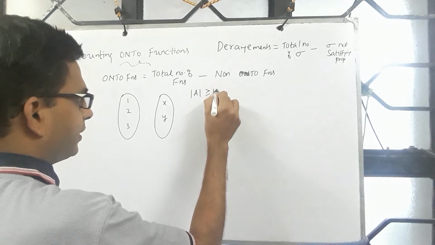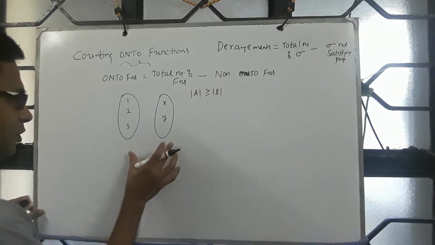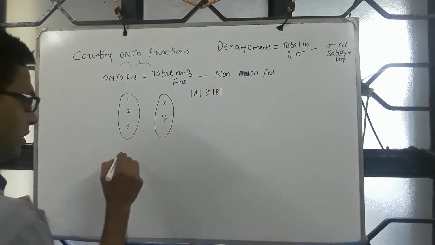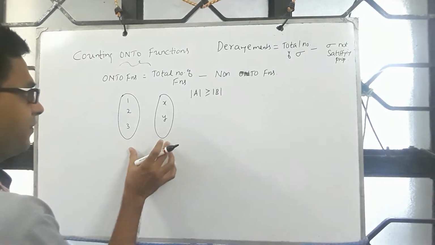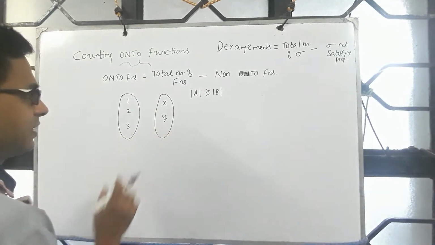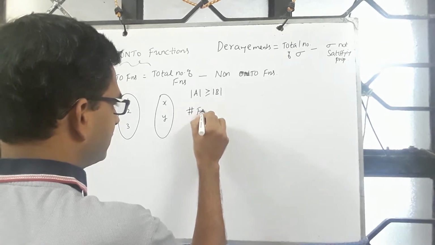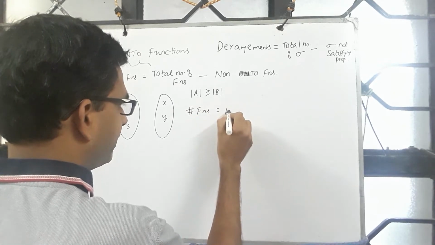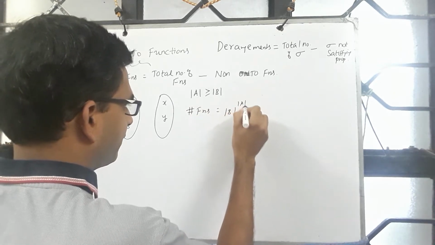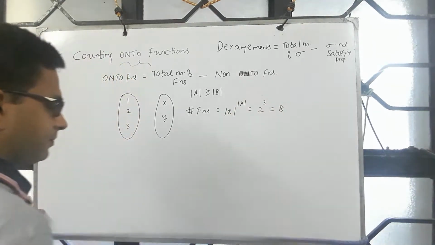So the cardinality of the domain must be at least the cardinality of the codomain. Suppose you are given something like this. So how many functions are there from a set of size 3 to a set of size 2? The total number of functions is basically cardinality of B to the power cardinality of A. In this case, 2 power 3, there are 8 functions.